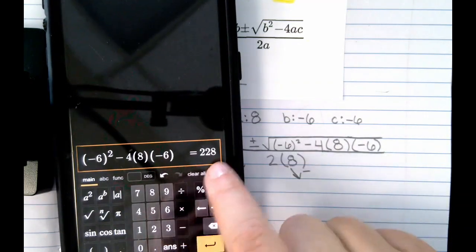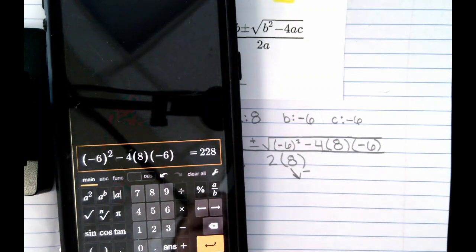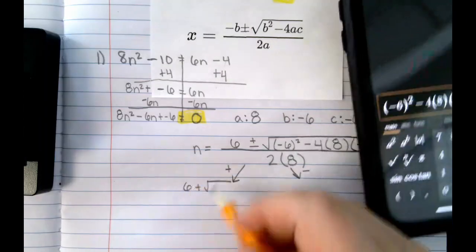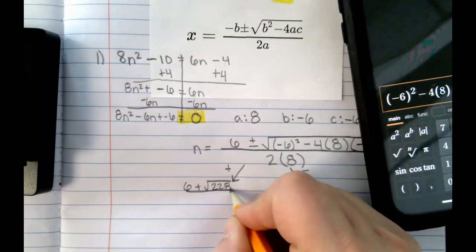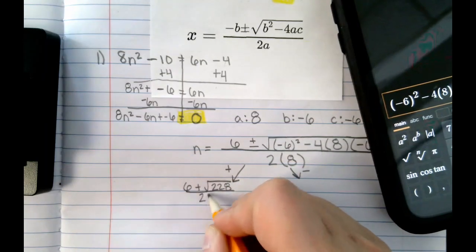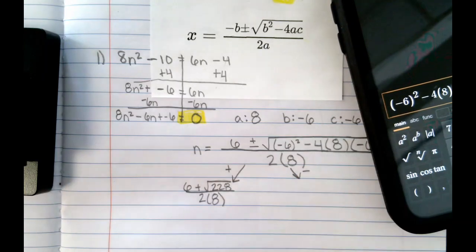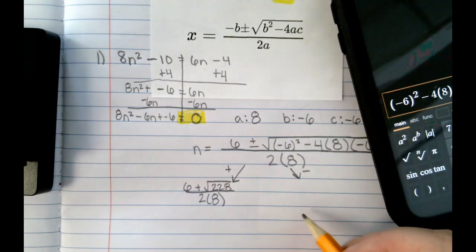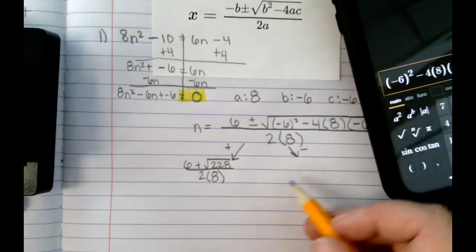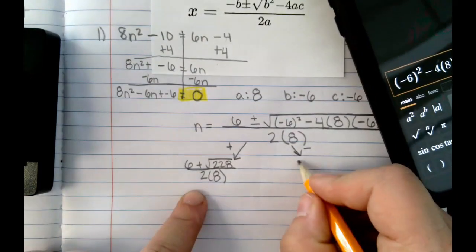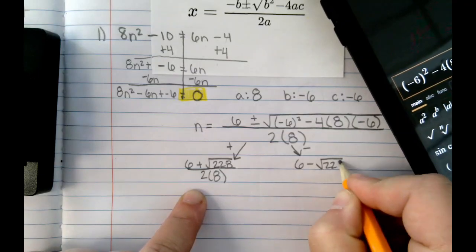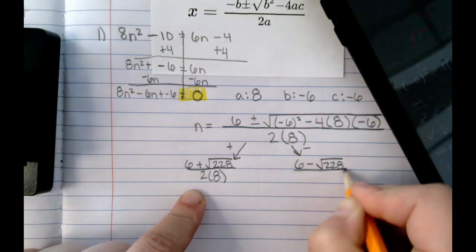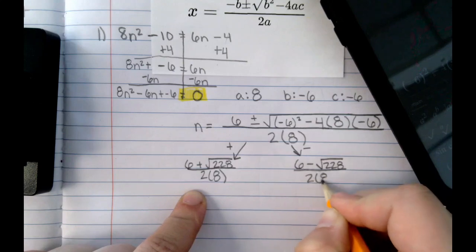And we get 228. So 6 plus the square root of 228 over 2 times 8. And we're going to write almost the exact same thing over here, but instead of a plus, we're using a minus. So 6 minus the square root of 228, all over 2 times 8.